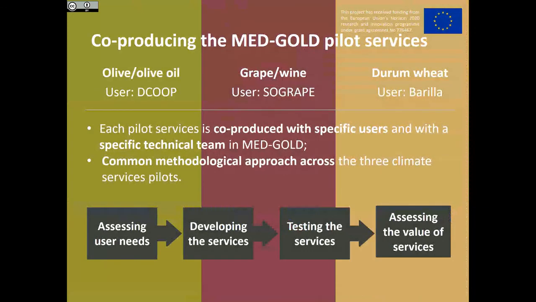We can start from some slides prepared by Marta Bruno Suarez from the previous session. The overall idea is co-design and co-development that we are adopting in MedGold, because each pilot service is co-produced with the specific users and with the technical team, and it is focused on a specific problem of the industrial problem holder.